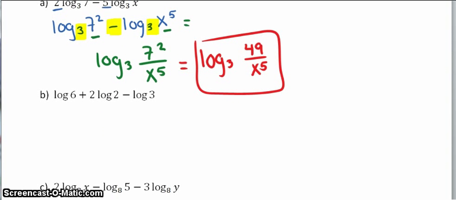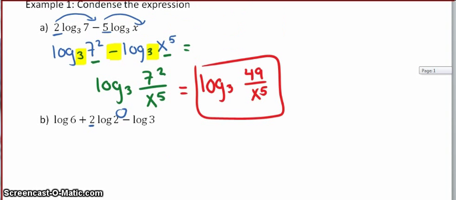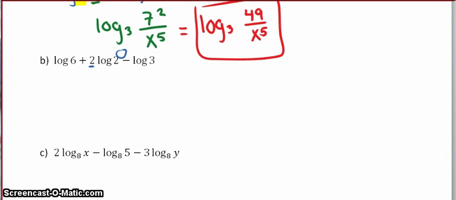Okay, example B. We have the log of 6 plus 2 log of 2 minus log of 3. Just a reminder, if there's no base written in here, that means it's automatically base 10. First thing I always look for in condensing these logarithmic expressions is whether there is a number out in front that I can change to be an exponent, just like we did in example A. So I'm going to do that first. Log of 6 is going to stay the same since there's no number in front.